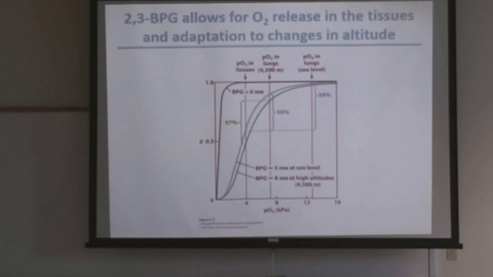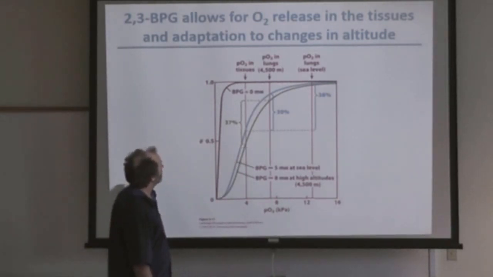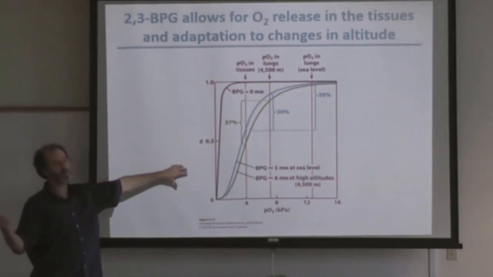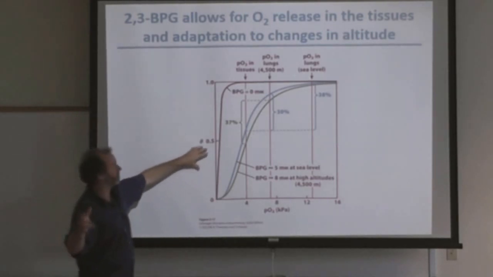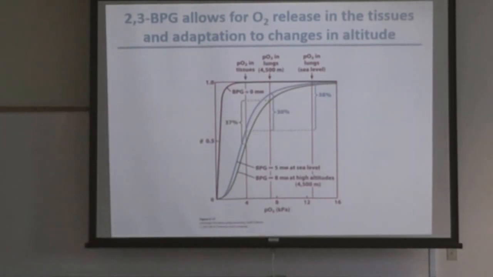Your book says, my old book would focus on the effects of 2,3-bisphosphoglycerate and fetal hemoglobin. Our book, the new book, focuses on how it's an adaptation to altitude change.